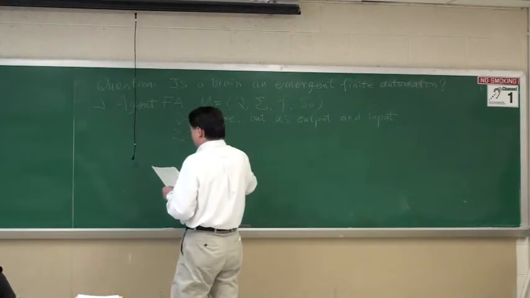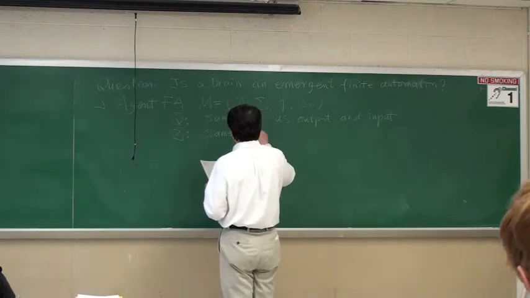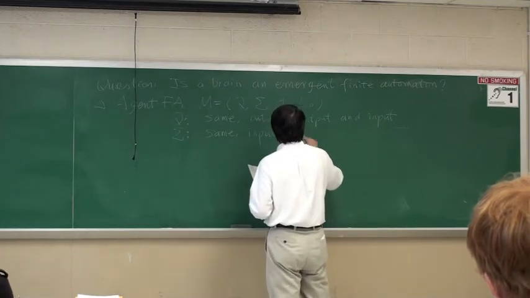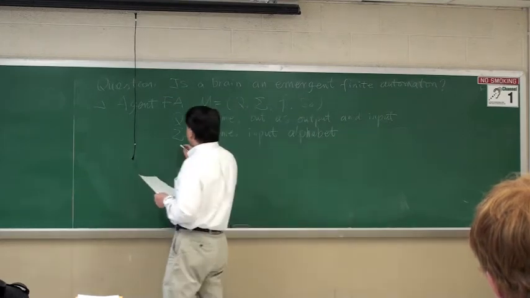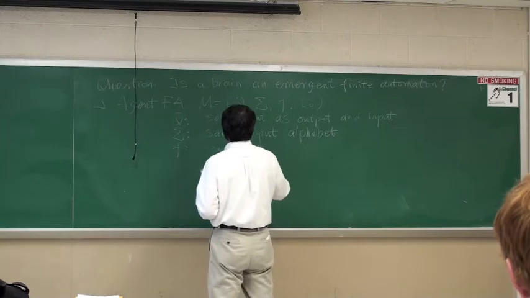Then we have sigma, the same as before, as a standard definition. It's an input alphabet. All right? Then the F is the transition function. All right?